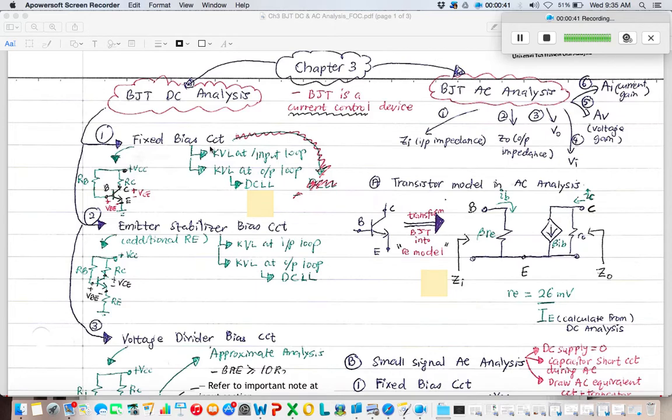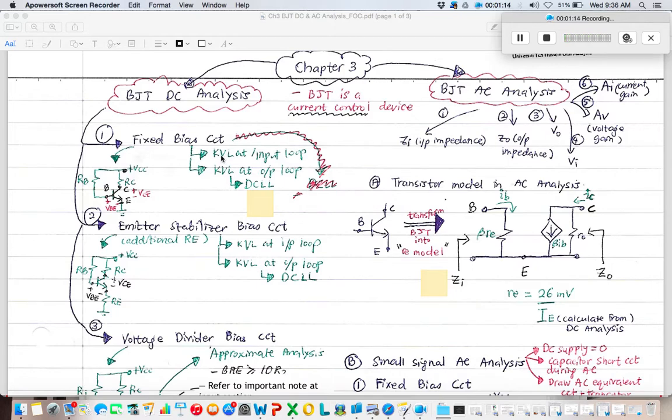In fixed bias circuit, the configuration will be like this. We have plus VCC connected to RC and RB, and there's no resistor at E terminal. Each time when you want to do the KVL at input loop and KVL at output loop, it is a good practice if you write down the plus VCE and plus VBE.